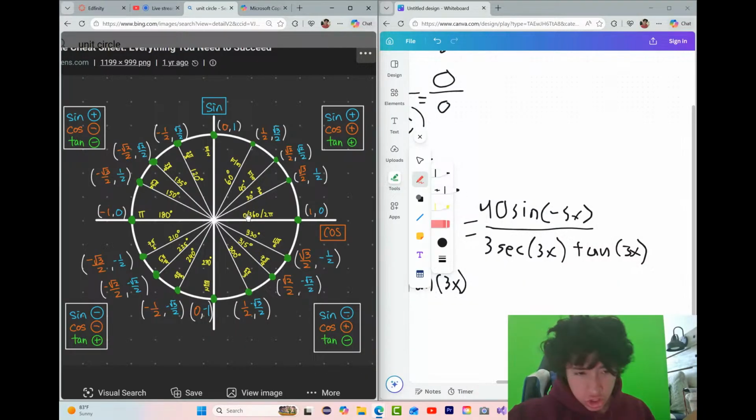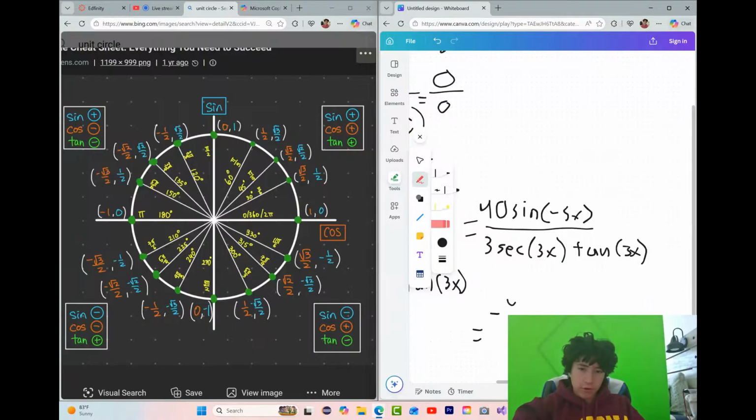So sine of that. But we have a negative 5. Good. Negative 1. So this is equal to negative 40 over 3 times secant of 3x. Oh boy. Secant of 3x is 1 over cosine of 3x. So we have 3 times 1 over.